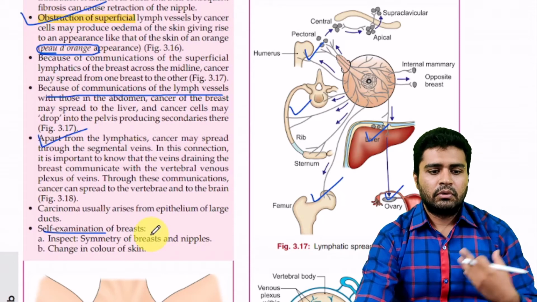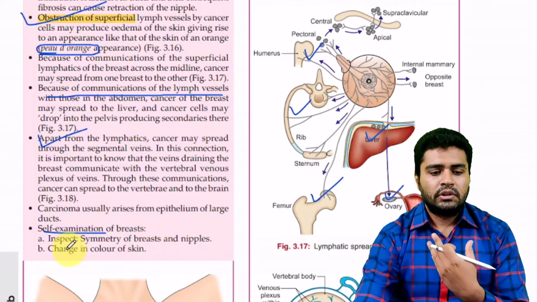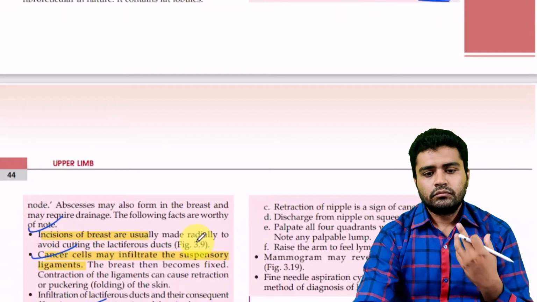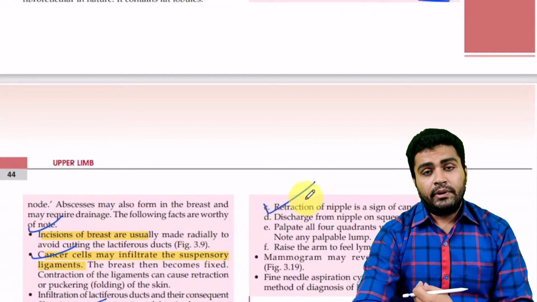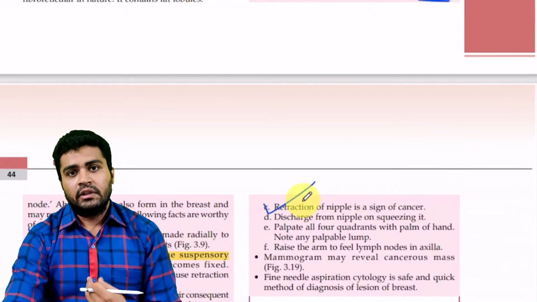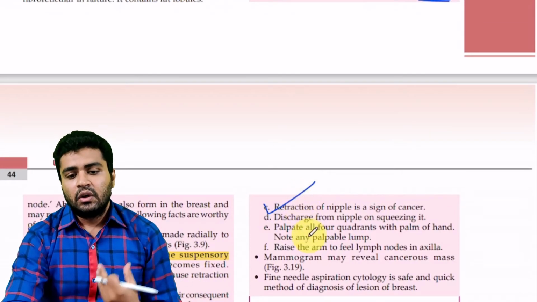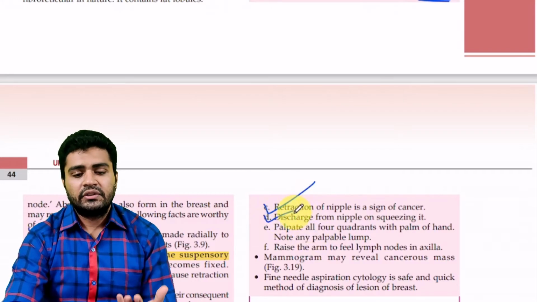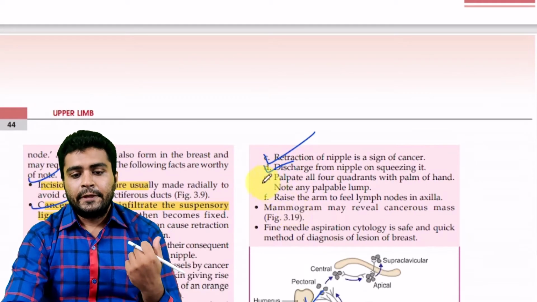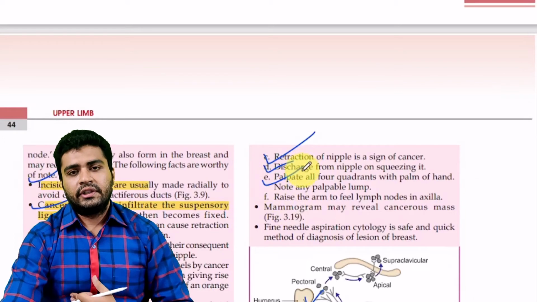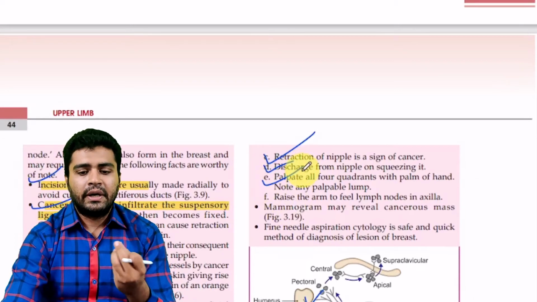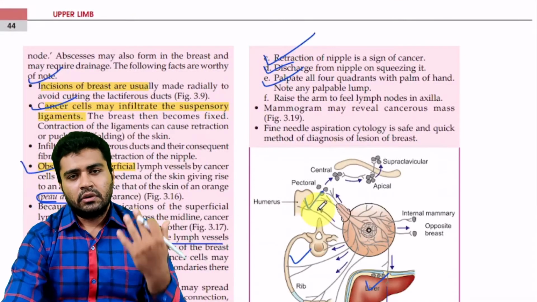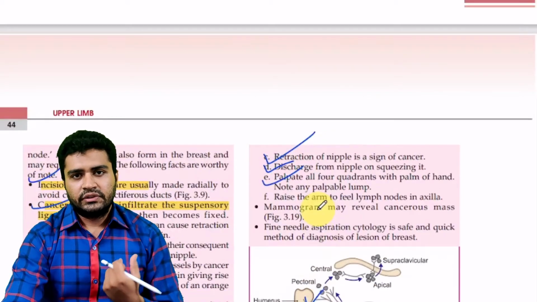The symmetry of both breasts, the color of the skin of the breast, then the nipple, the direction of the nipple, whether there is retraction or not, then if compressed, whether some discharge comes or not. Then palpate all four quadrants, and if you feel any hard masses. These are the clinical examination steps; even doctors can perform them.